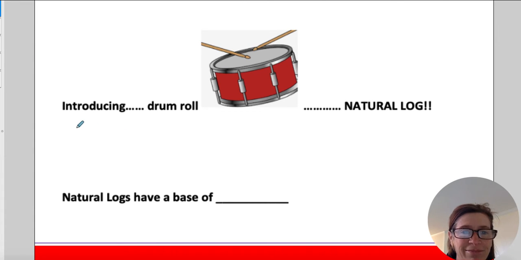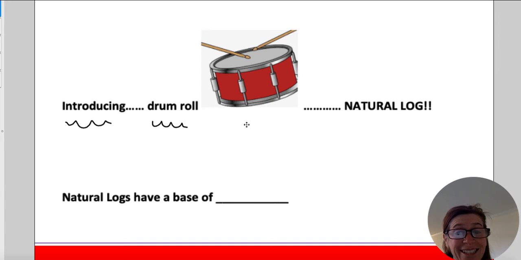All right, now I got to get really tricky on you. I'm introducing something really powerful and really helpful, and that's called the natural log. Okay, so we have the common log that's a base 10, and the natural log has a base of, I want you to think really hard about that new number that we introduced this week.